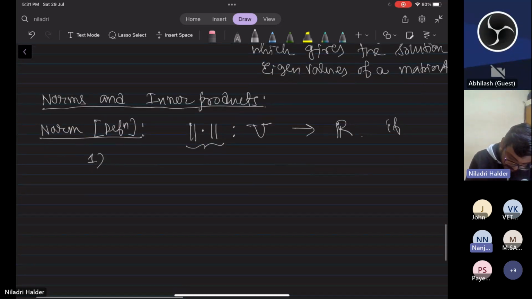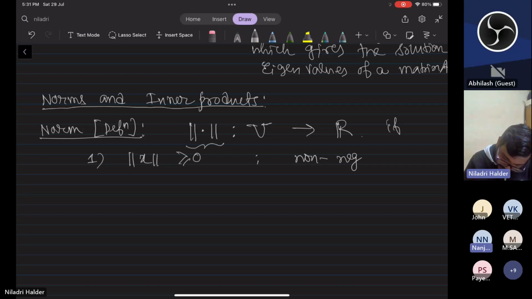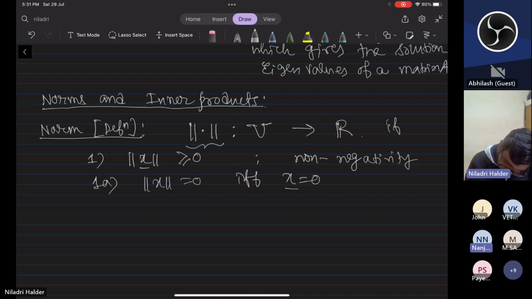Number one is norm of x greater than or equal to 0. This condition is called non-negativity. x is a vector, and norm of x equals 0 if and only if x equals 0.